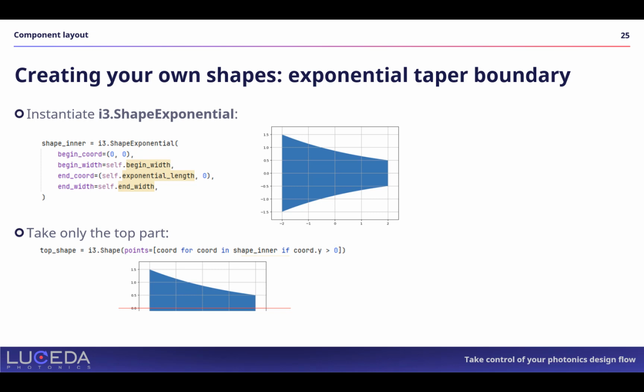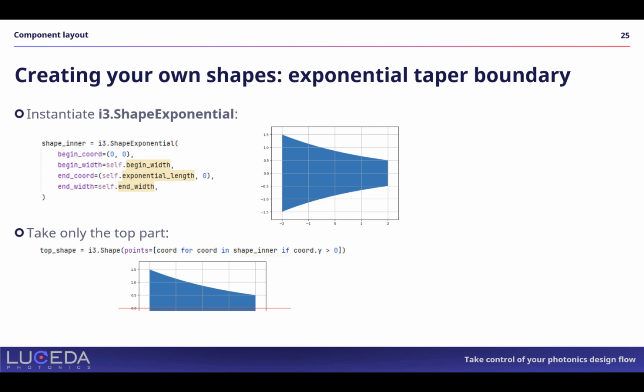We then pass these points to the points property of a new instance of i3.shape to create a shape with only these points. This is done all in one line with the following code. We call this shape top shape, as we use it for the top boundary of our exponential taper, the bottom boundary of our top trench.